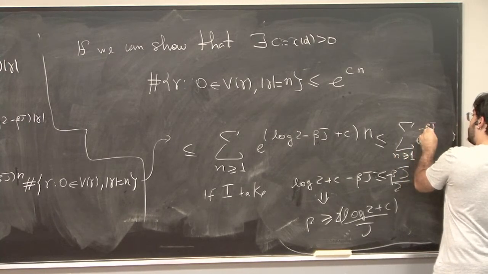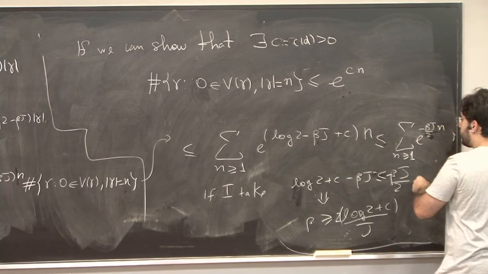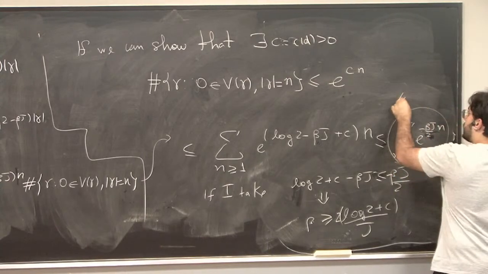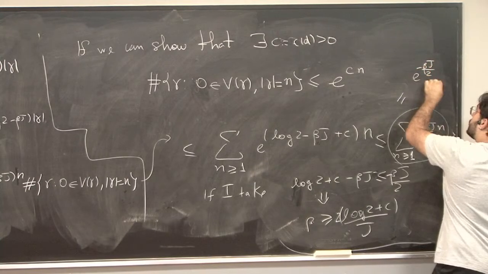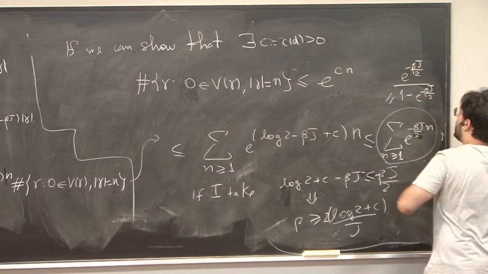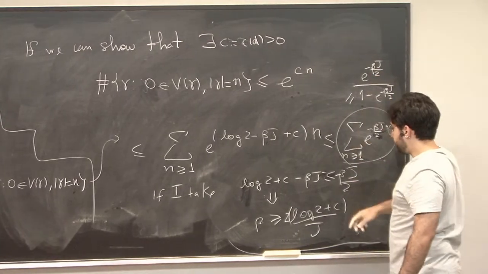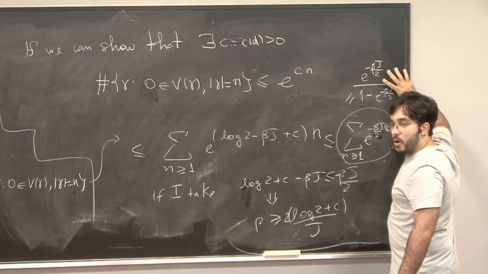A geometric series, and this I know what it is: exactly exponential of minus beta j over 2, over 1 minus exponential of minus beta j over 2. And if I take beta large, I can make this quantity as small as I want.